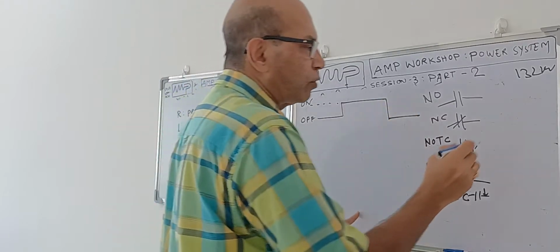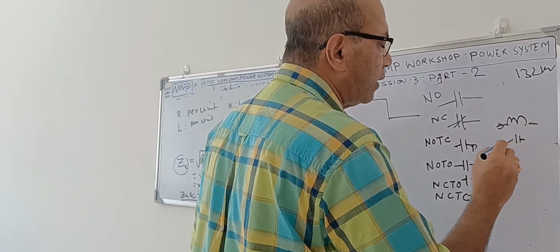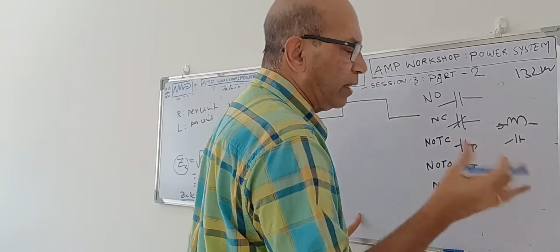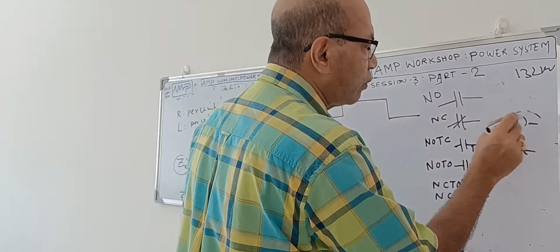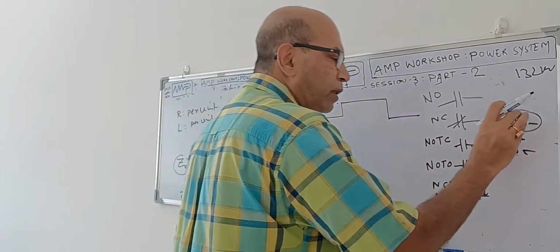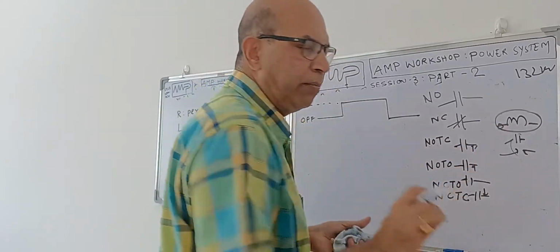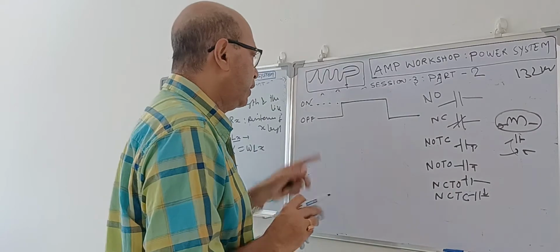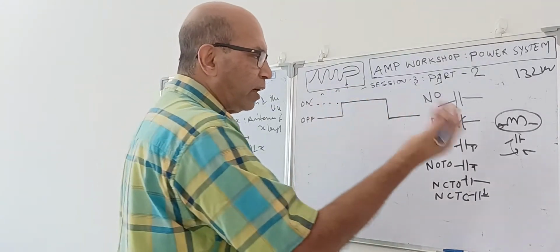You know how this contact operates. We give a current to the coil, then the coil has a contact as armature. The armature will make the contact, then the various contacts will make or break. So this is the coil current, and this contact is mounted on the armature. The moment this coil gets power or current, immediately the contact will make or break depending on the initial state. So the coil supply is the activating parameter, and then the contact will change over.